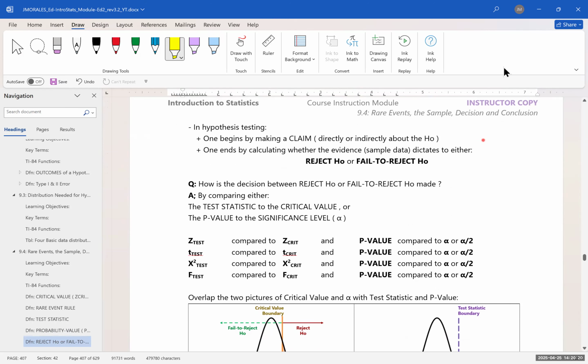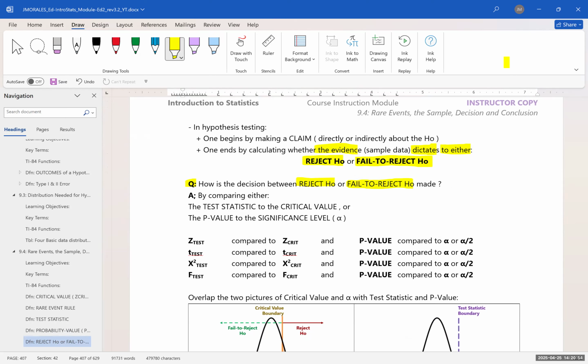Okay, in hypothesis testing, one begins by making a claim, either directly or indirectly, about the null hypothesis, and one ends up by calculating whether the evidence dictates to either reject the null or fail to reject the null. So the question is, how is the decision between rejecting the null or failing to reject the null made?